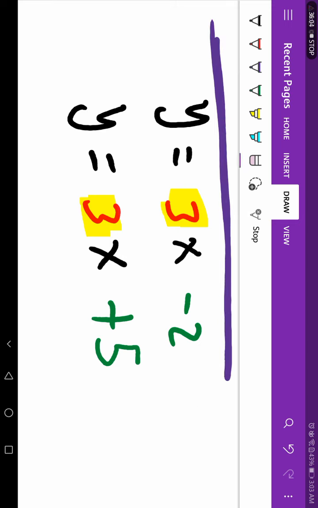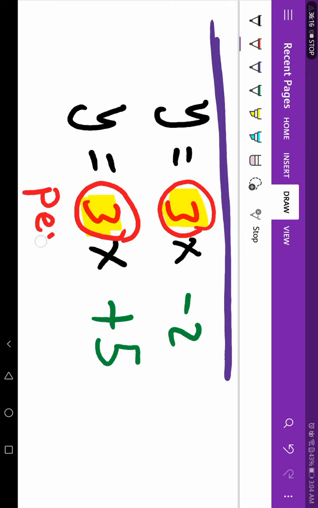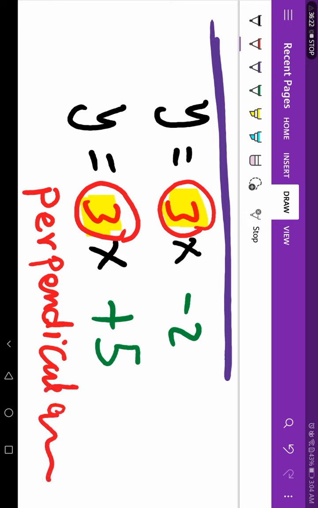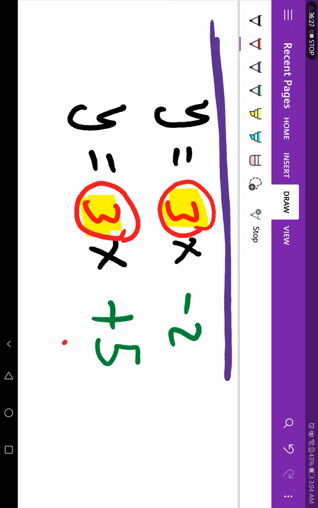Attention, attention. If he gives you two equations and asks whether they are parallel, perpendicular, or neither, you have to check the number in front of the x here. If they are the same, they are parallel.